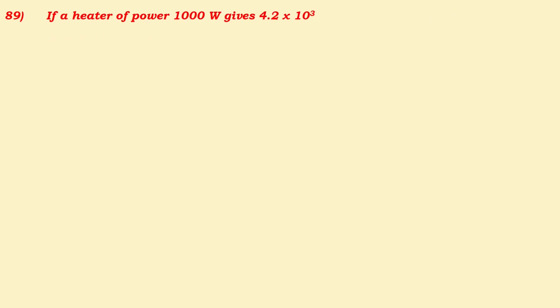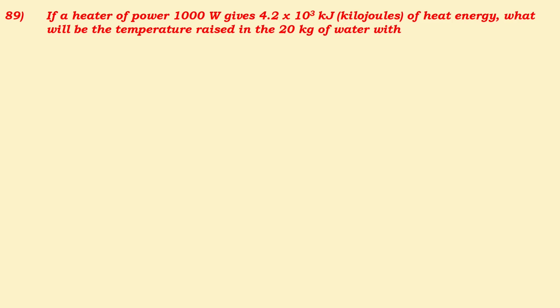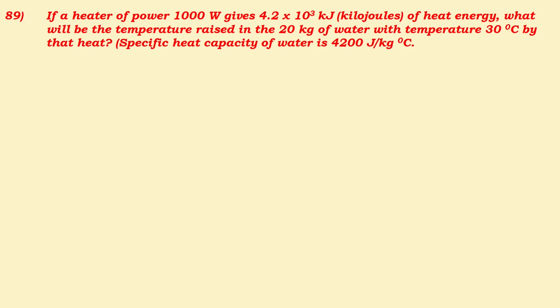Okay, next. If a heater of power 1000 watt gives 4.2 into 10 power 3 kilojoule of heat energy, what will be the temperature raised in 20 kilogram of water with temperature 30 degrees Celsius by that heat? Specific heat capacity of water is given here, it is 4200 joule per kg degree Celsius.